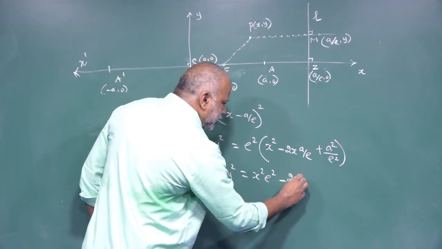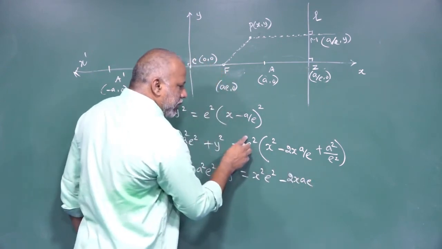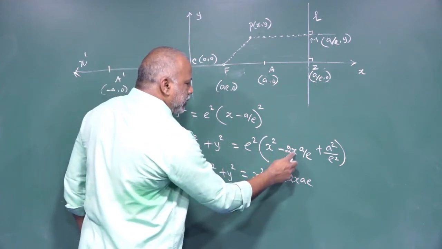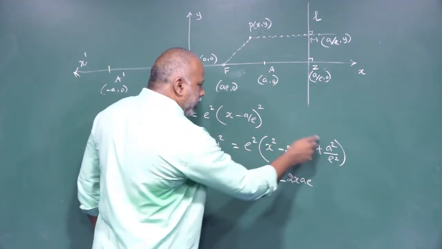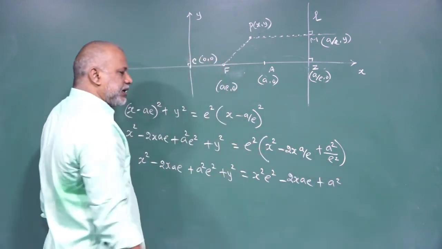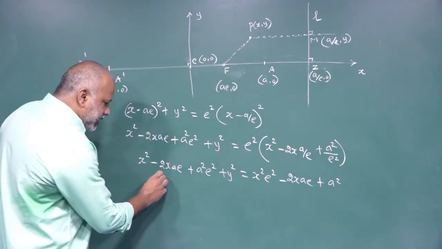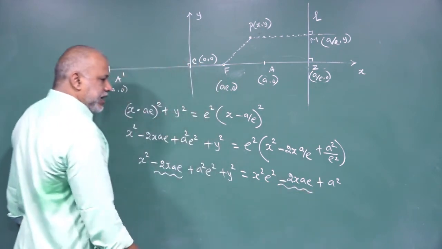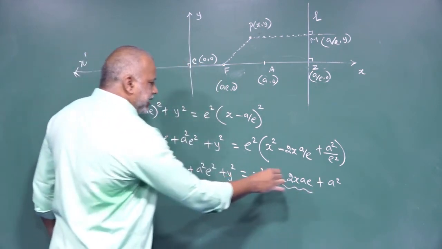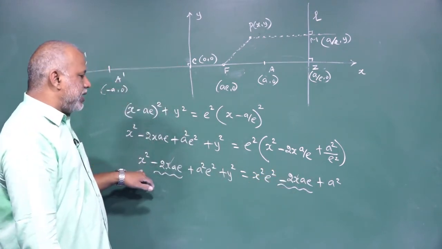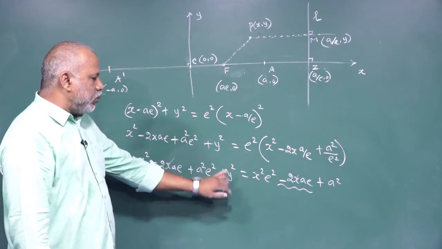If you multiply inside, we can get a squared, here e squared must be removed. See your LHS and RHS, 2x ae, here also you can get 2x ae. It will be removed. See the remaining, here x squared, a squared e squared, y squared.